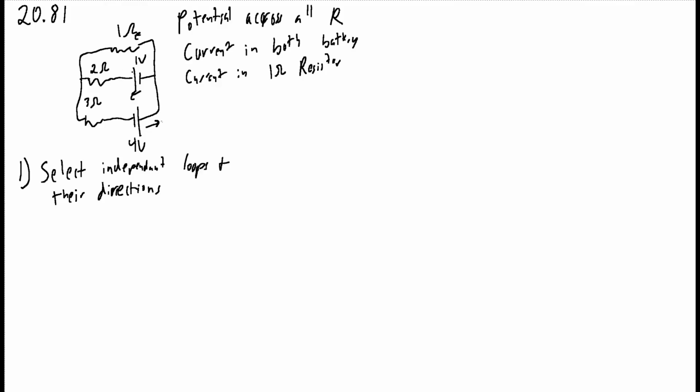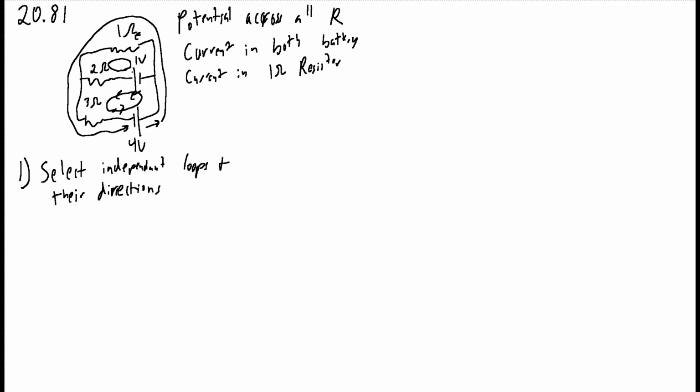Well, I got one that goes around the outside here, like so. I've got another one that goes around the inside of this lower one, like so. These are my 2. I'm going to recommend these 2 independent loops. There is a third that I'm not going to use. The third is this guy right here.